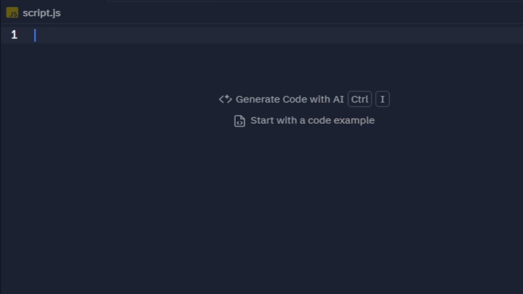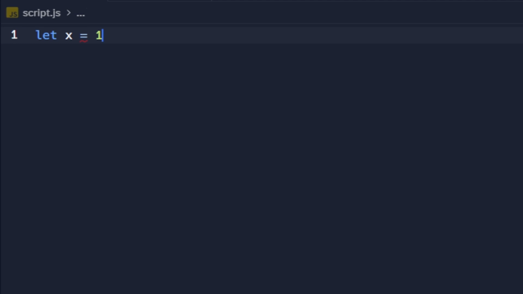So let's say let x is equal to 1, and then x plus equal to 1. That adds 1. I can make it 10 too. So it's not like x plus plus, which only adds 1. With this you can add any number you want. So this would equal 1001.